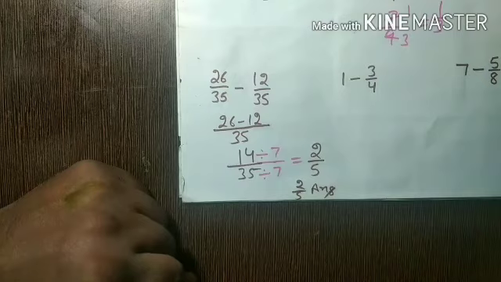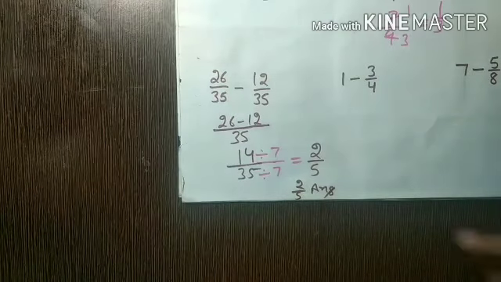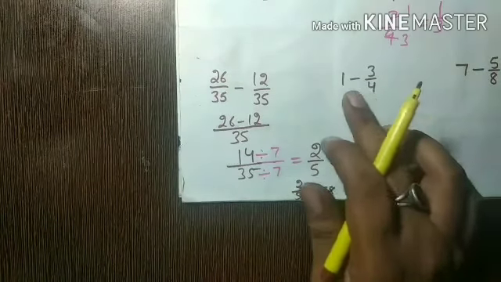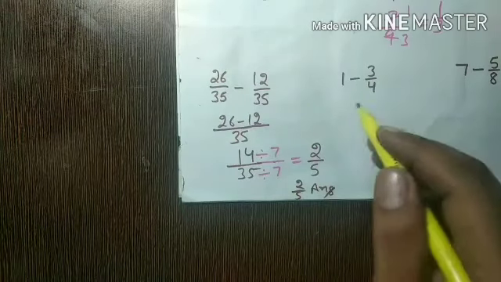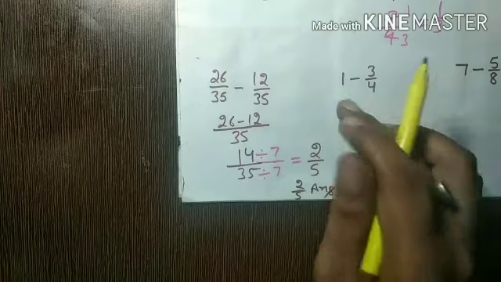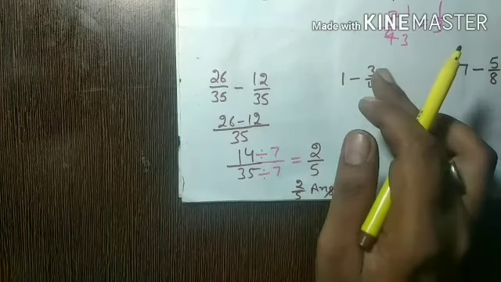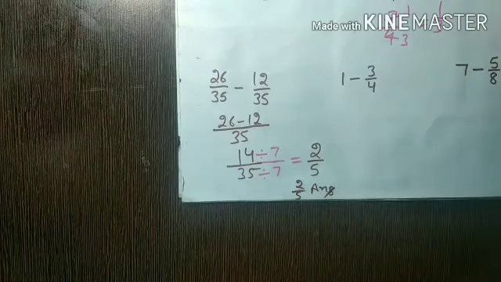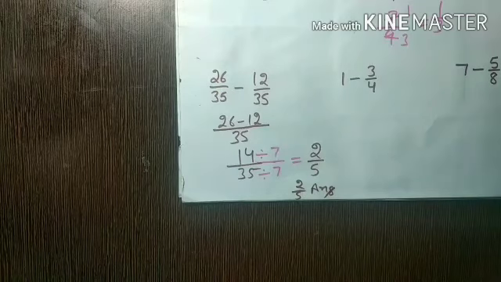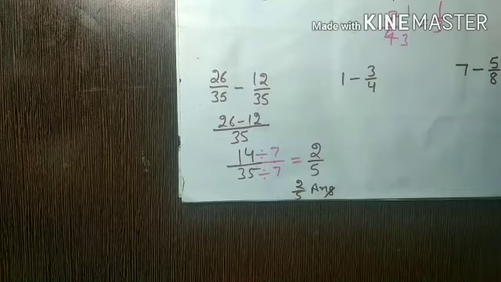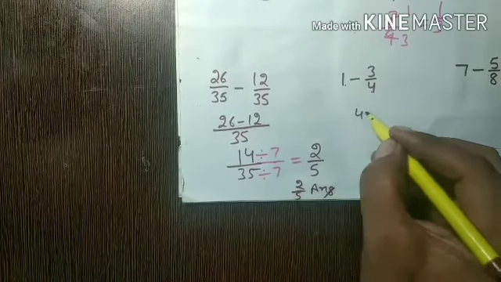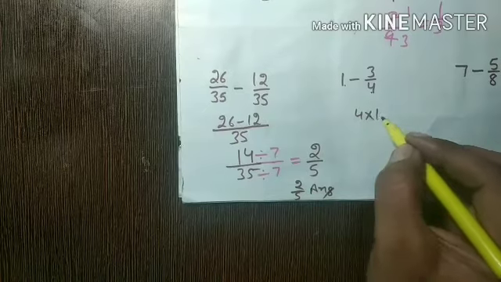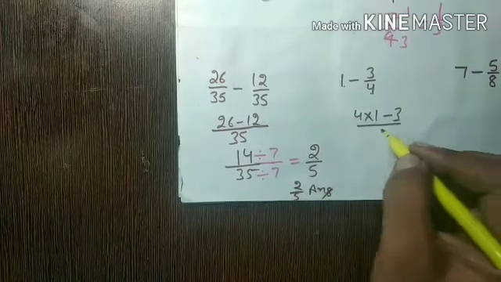Okay student? Now again you will see 1 minus 3 by 4. Here, if there is one complete number and the other is a proper fraction, then how will you tackle that sum? You can adopt this method: 4 multiply 1 minus 3, divided by 4.